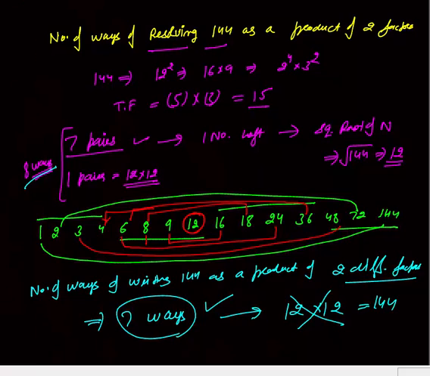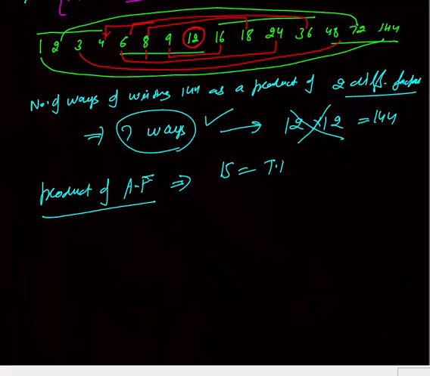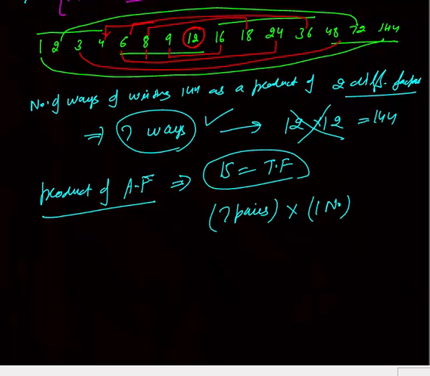And what about the product of all factors? Now we know that there were 15 factors in total. So first into last, second into second last, each product will be the number 144. So 7 pairs will be there, and one number will be left in between.